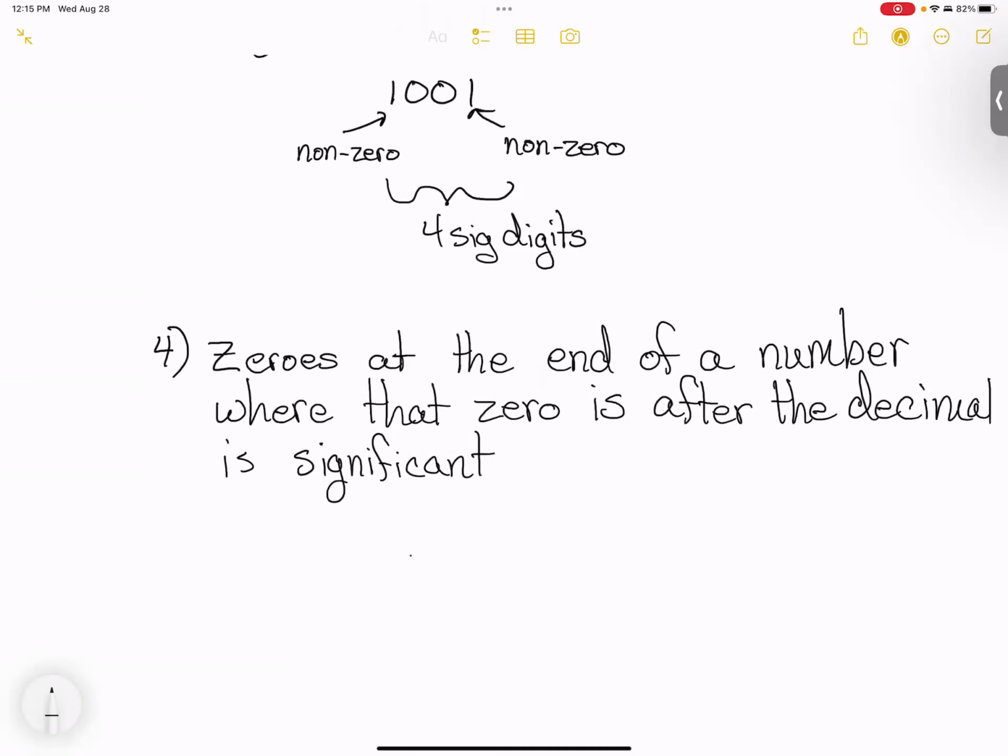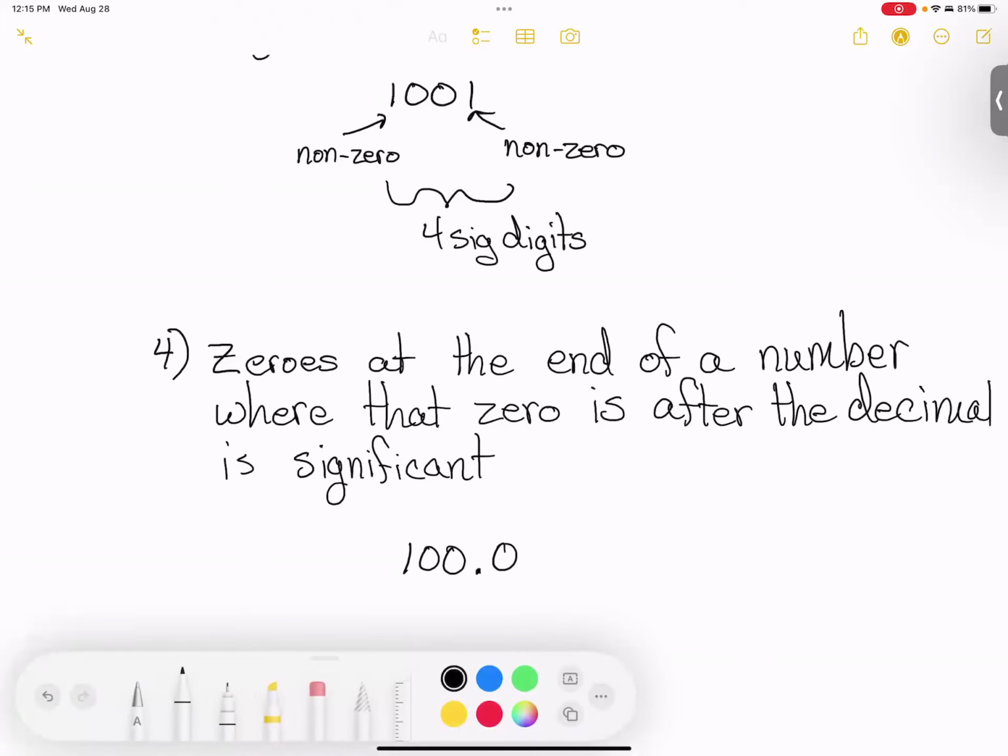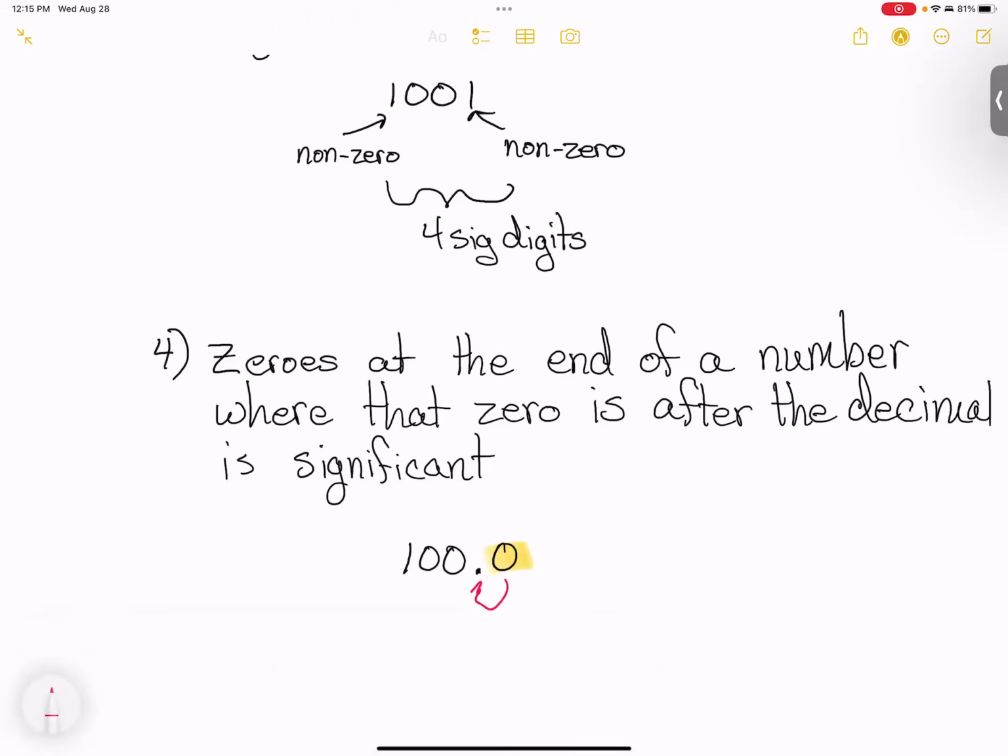So for example, if I have 100.0, because this zero is at the end of the number and it is after the decimal, it is significant.